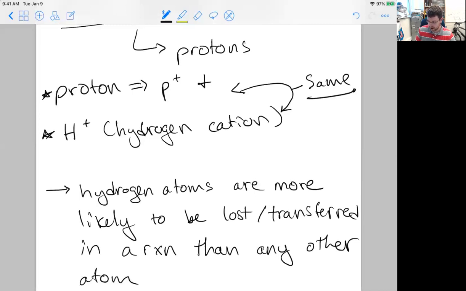And in particular, we're looking at the hydrogen cation, so mostly H plus or the proton.